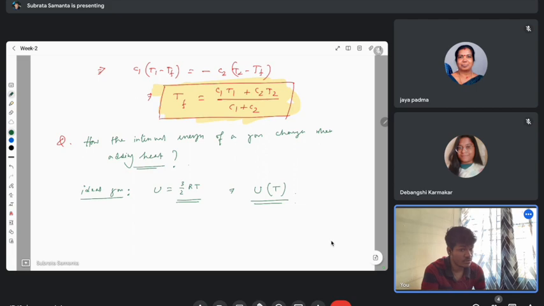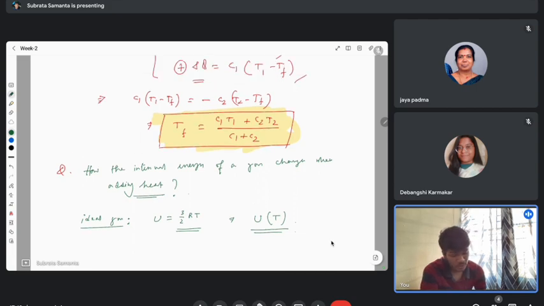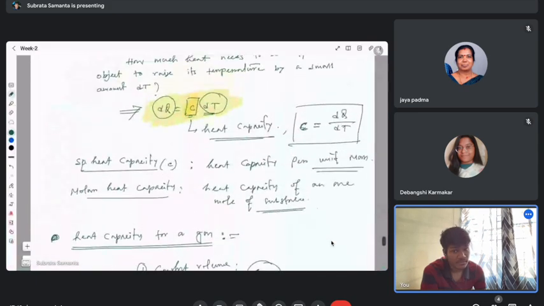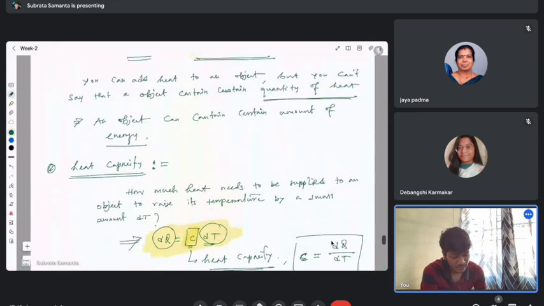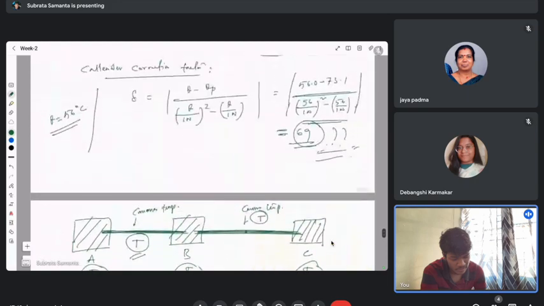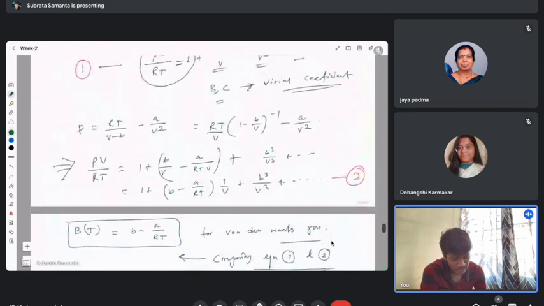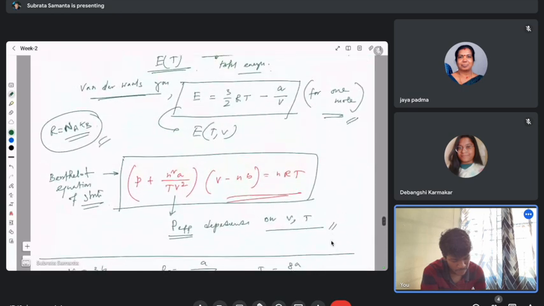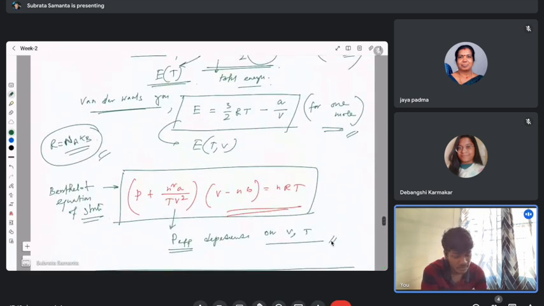But in principle, this is not true. When we discussed the van der Waals gas, not the ideal gas, the real gas, in the previous class, you see this equation. The energy does not only depend on temperature, but also depends on the volume, right?